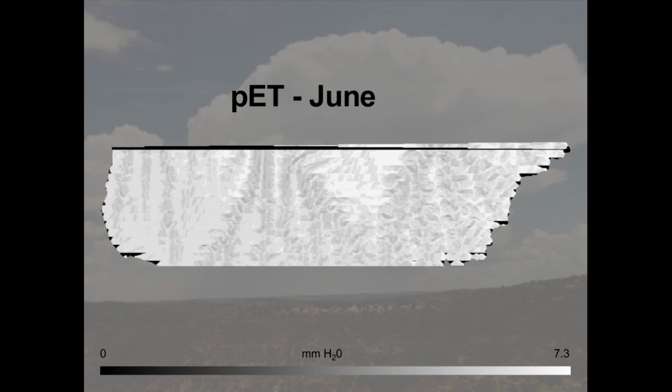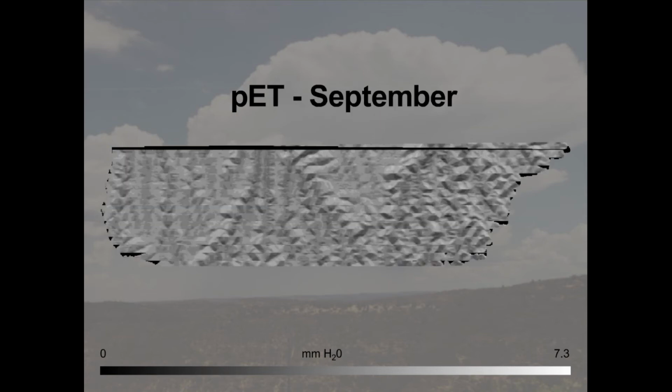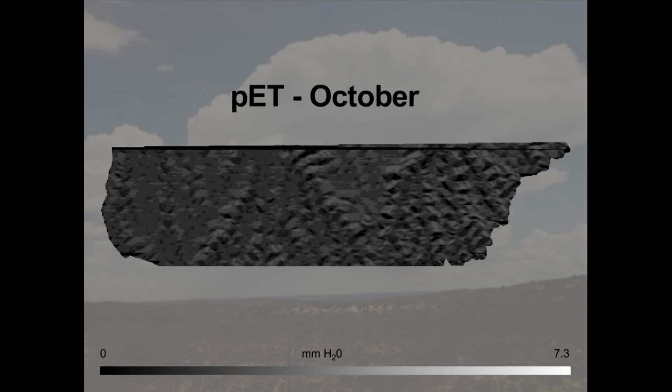So in June and July, the landscape is very homogeneous, but then in August we're getting into the later season, and the landscape is really starting to differentiate more on potential evapotranspiration. In October, it's darkening again, and then we didn't do this for the non-growing season months, basically because the input data had large anomalies.